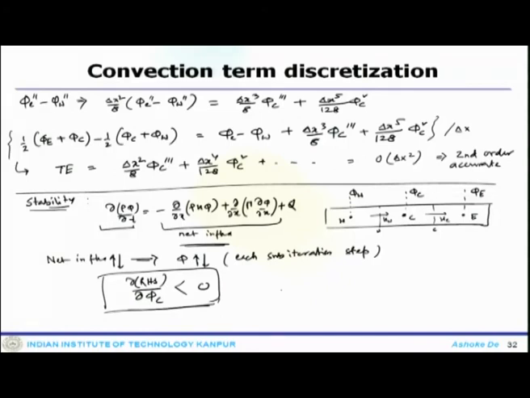However, stability should not be confused with boundedness or accuracy. They are not the same. A stable numerical scheme could actually be unbounded or give rise to some overshoot or undershoot or oscillations, wriggles, or can be very diffusive, okay.